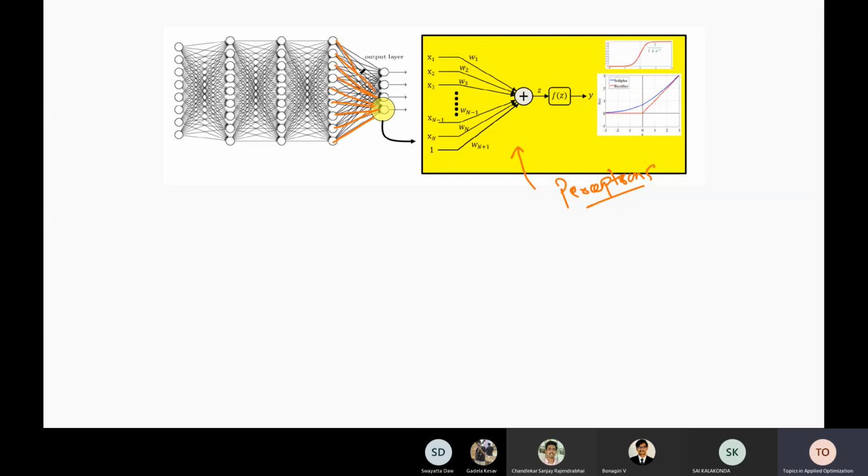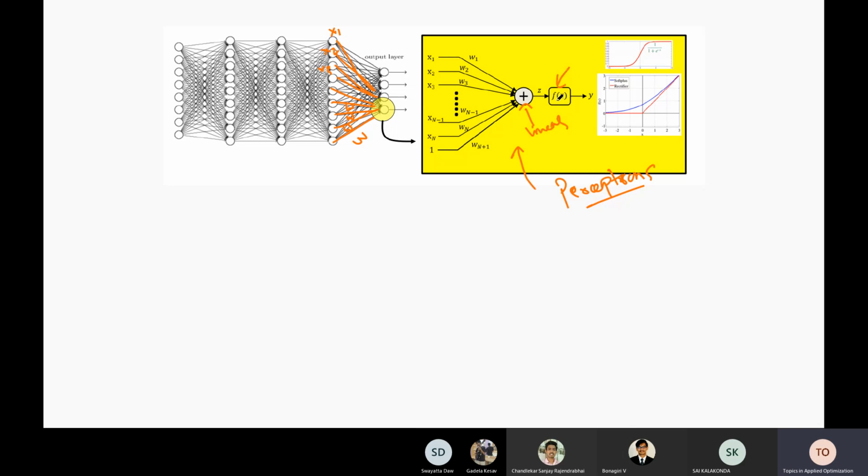I will take a linear combination of these input values with the weights of the edges. You can treat these as intermediate x1, x2, x3 values and so on. And then finally you do an activation.